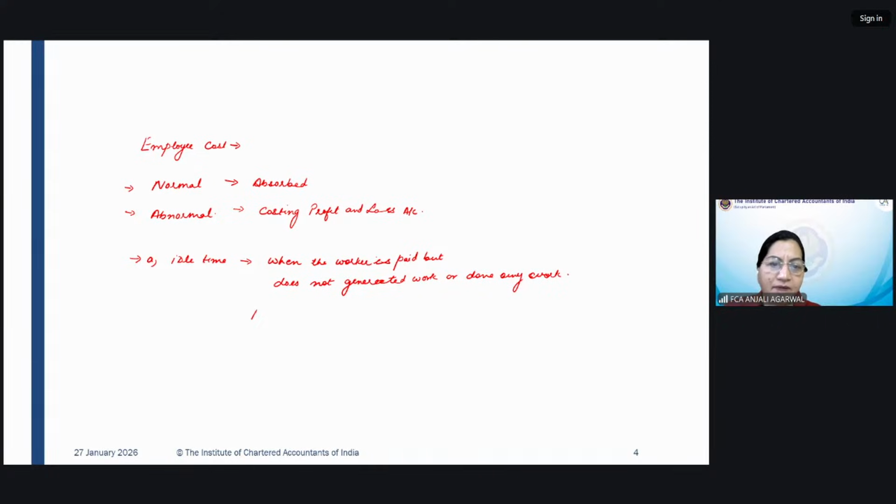So idle time can be either normal or abnormal. Why will we say that the idle time is normal? For example, a worker enters the factory gate. It takes some time for him to move to his respective position.